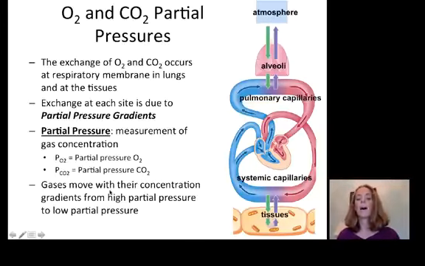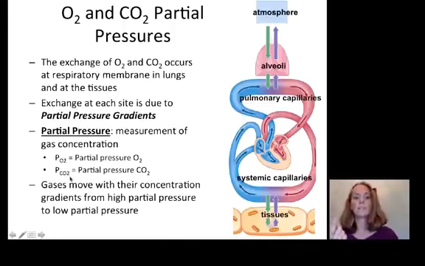They're going to move from high to low. But in this case, instead of saying concentration, we're going to say partial pressure. So a gas moves from high partial pressure to low partial pressure. That is, in an area where there is more of a gas, it wants to move to an area where there is less of a gas. So we're going to measure the partial pressures of oxygen and the partial pressures of carbon dioxide.